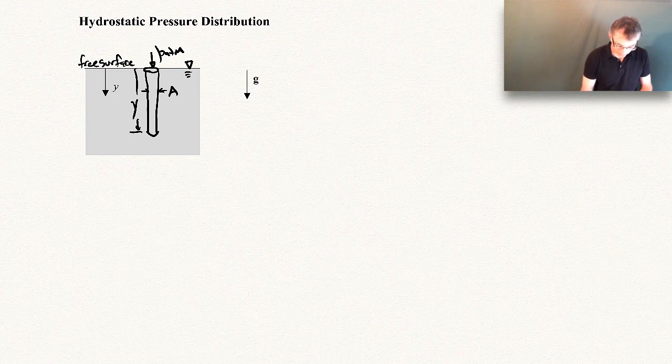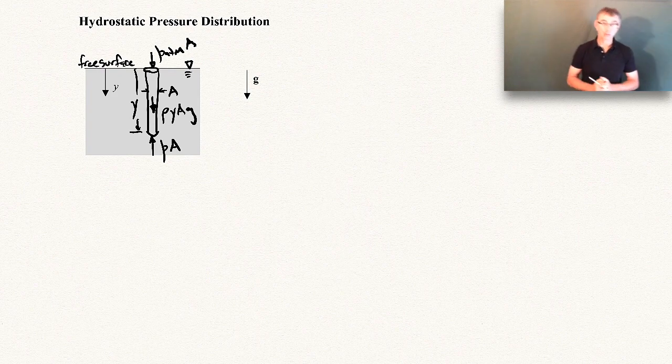So the atmospheric pressure force will be P atmosphere times A. We also have a pressure force at the bottom pushing up. We'll just call that P times A. And then we also have the weight of that column of fluid, which will be the density times the volume, which is just y times A, times gravity acting downward. So there are no tangential forces on the surfaces because, again, it's a hydrostatic situation.